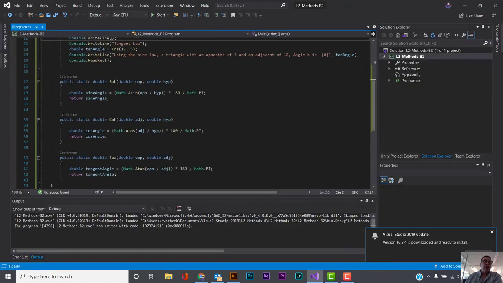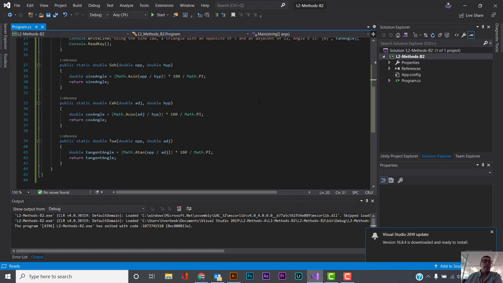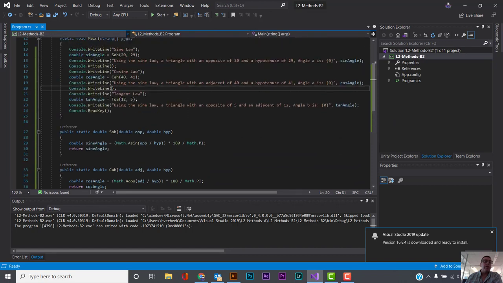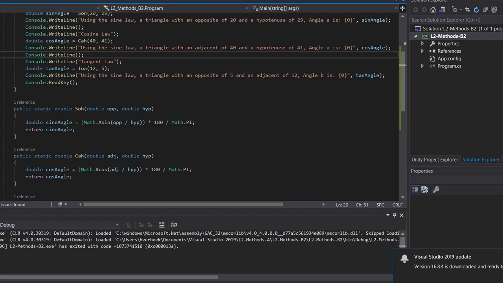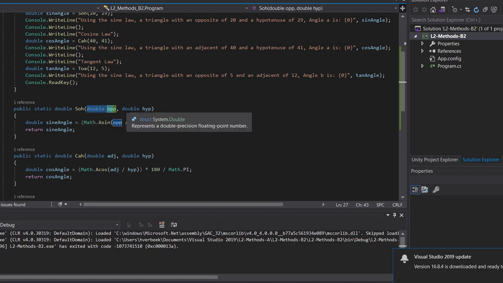The first thing is you've got to start down here by making a method outside of your main method. This stuff is all easy for you. Outside of your main method, we're going to call it public static double SO for SOHCAHTOA. And I'm going to input, because sine law is opposite over hypotenuse, that's why I named it SO, the double opposite and the double hypotenuse.